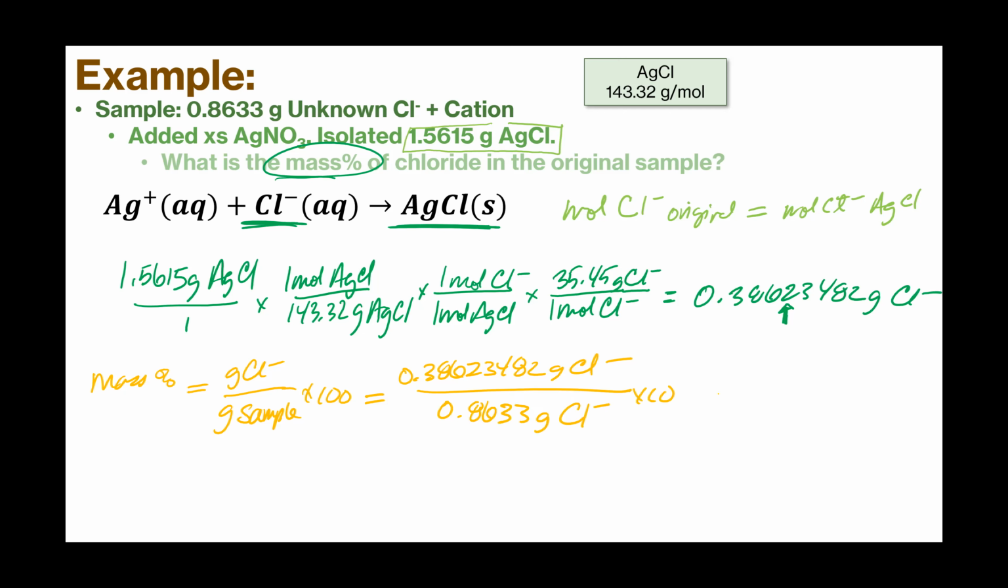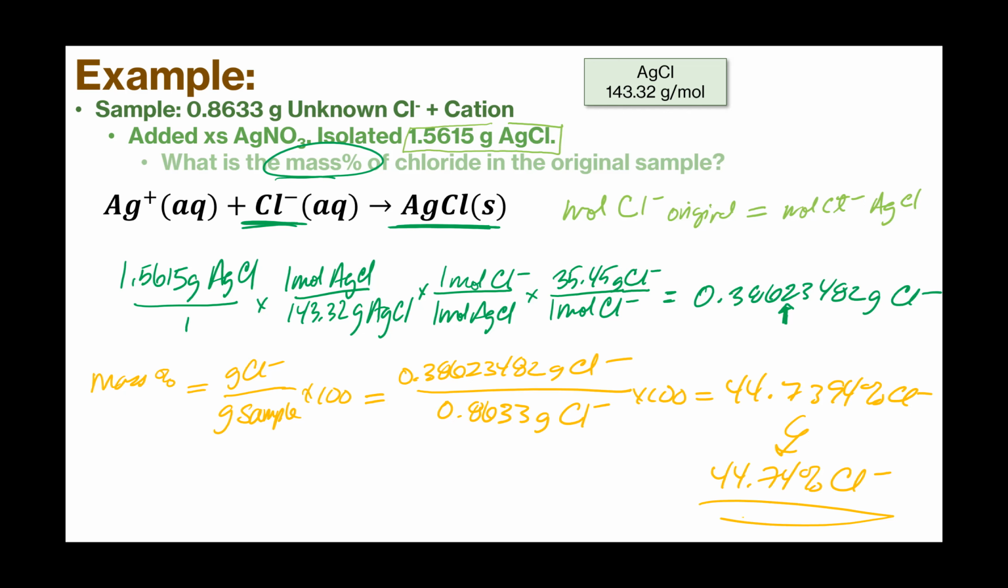Multiply that by 100. The calculator will take that number divided by our sample 8.8633, multiplied by 100, and get 44.7394% chloride. With 4 significant figures, that's 44.74% chloride.